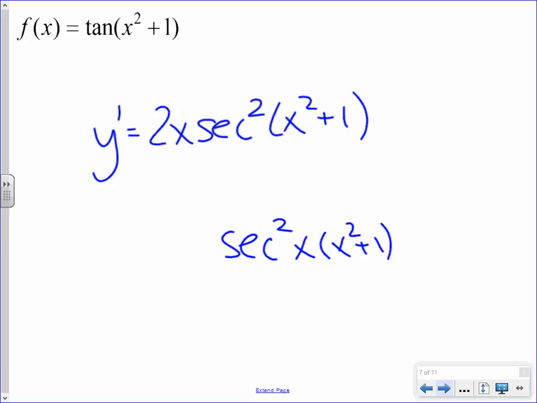Make sure your angle just stays as is, okay? I understand, like, we're learning the trig rules, so you need to look back, you look at it, you wrote it down, forgot about that x. Just be careful. Make sure that inside stays the same. Okay?